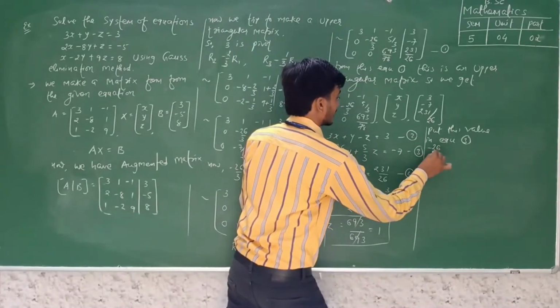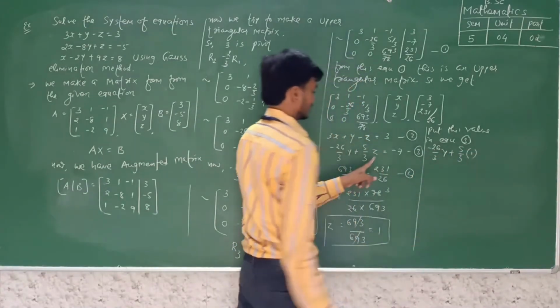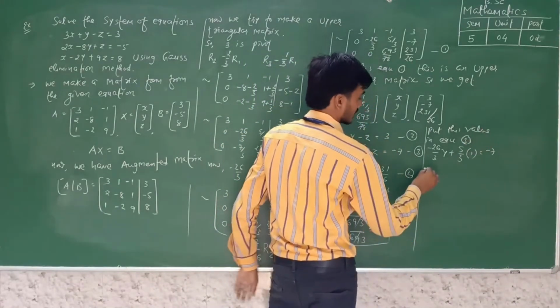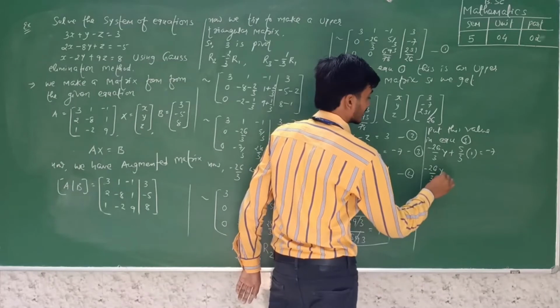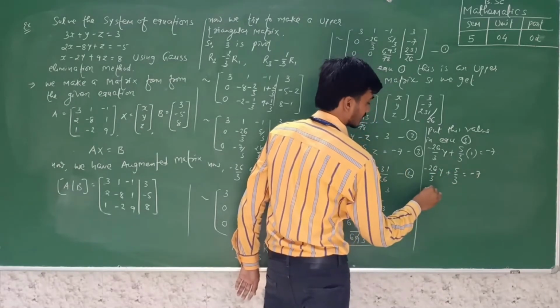So minus 26 upon 3y plus 5 upon 3 z, with z equal to 1, is equal to minus 7. So minus 26 by 3y plus 5 upon 3 is equal to minus 7.